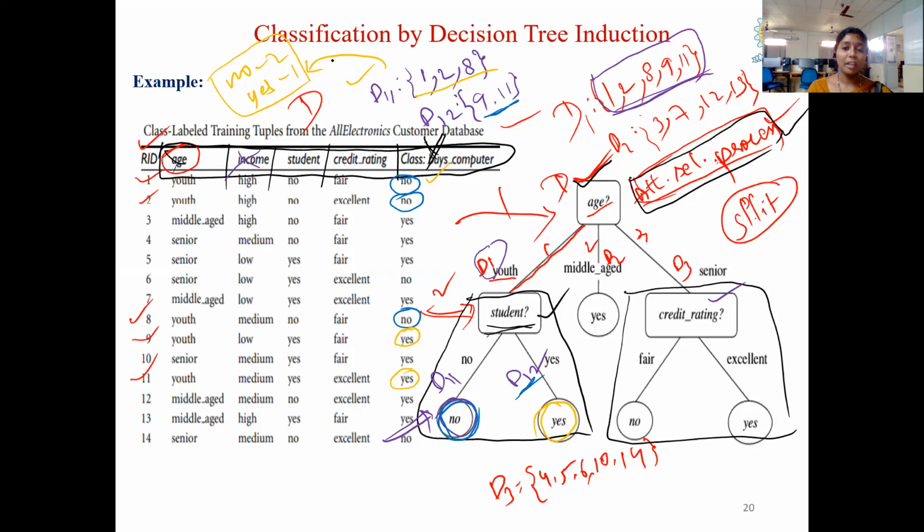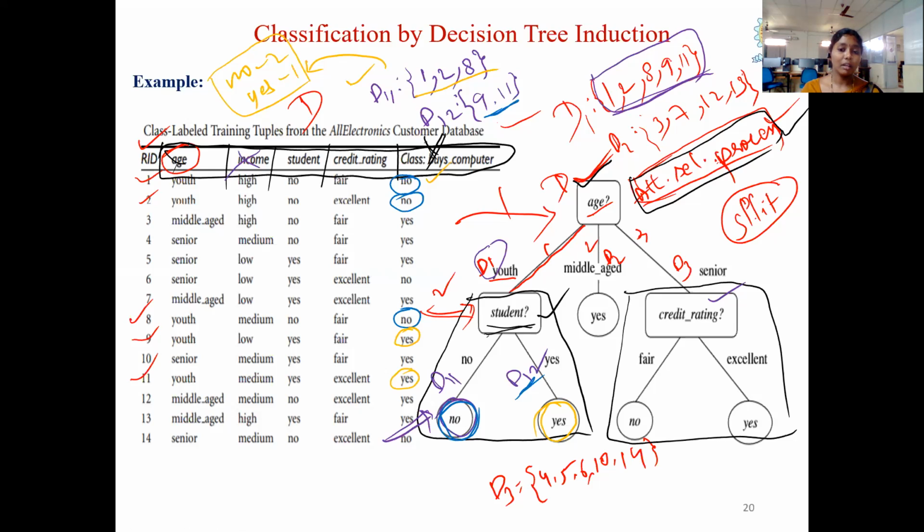And here we need to discuss one more thing. If you observe the second branch, the D2 partition, we are not generating any subtree. What is that second branch? Middle aged. Why are we not generating any subtree?